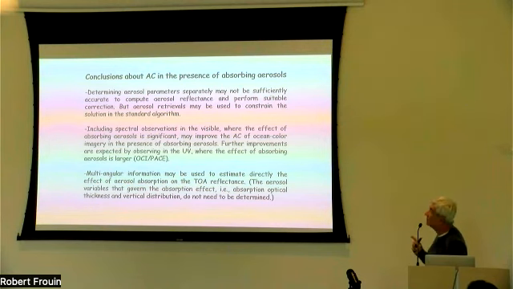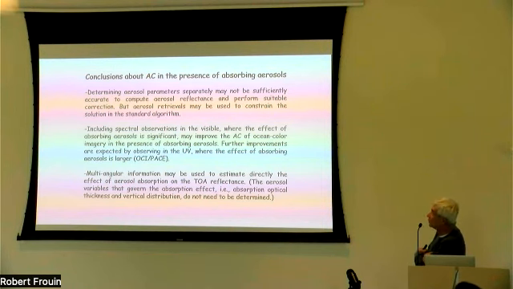But that does not mean that it's useless, because you may be able to constrain the atmospheric correction or the retrieval using information about those properties. So again, it's still useful, if you have information about single scattering albedo, about aerosol optical thickness, you may constrain the solution in a standard type algorithm.